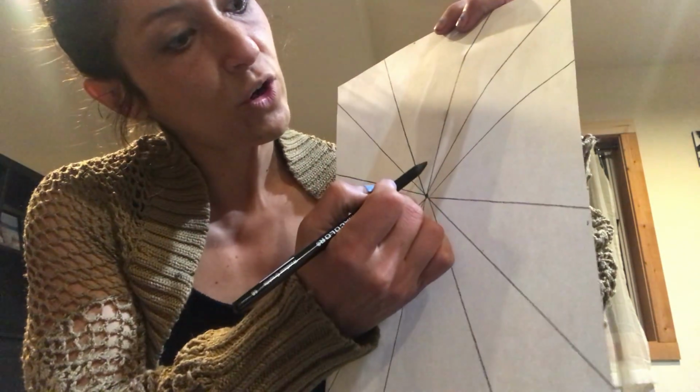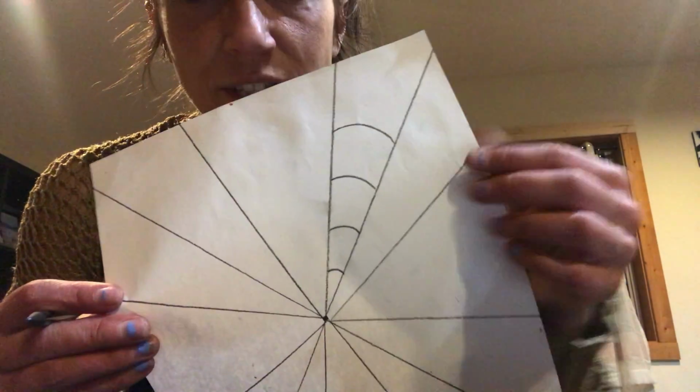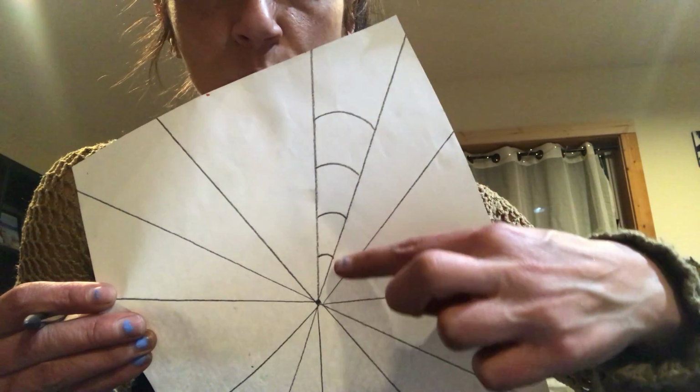I find the easiest way to create this is I'm going to start with the curved line that is curving outward. I'll show you what I mean by that. Boom, boom, boom, boom. All right, so when I'm drawing those lines, I'm curving them away from the center.